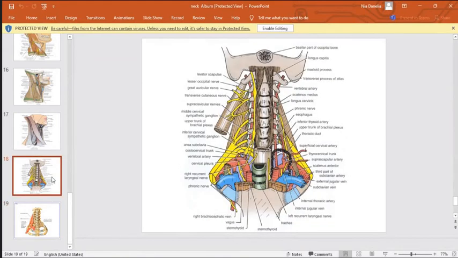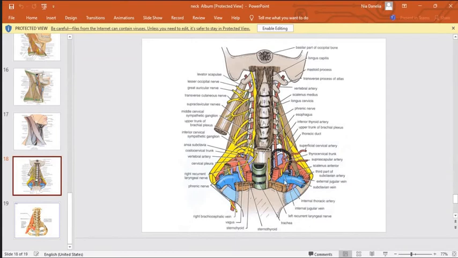So, according to its location, subclavian artery consists of three parts. First part is that area where it passes through this triangle. Second part lies in interscalenus space, and third part is located at the level of the first rib, where it continues to the axillary artery.